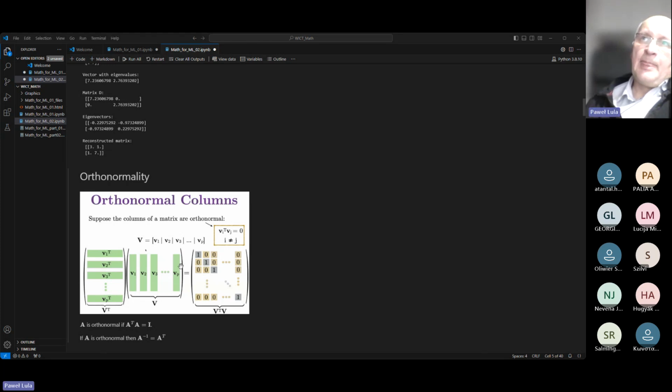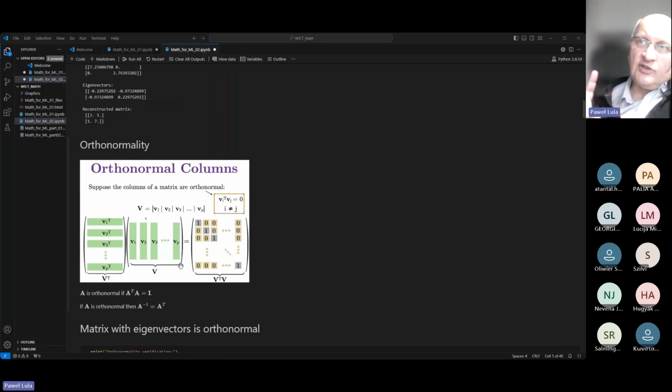So it is the concept of orthonormality. But when we are talking about it, we can say, as I said here, that if we have in A matrix columns which are orthonormal, then this product, A after transposition multiplied by A, is equal to identity matrix.